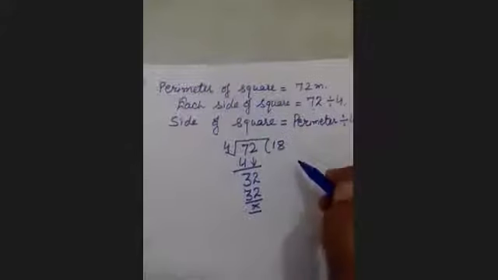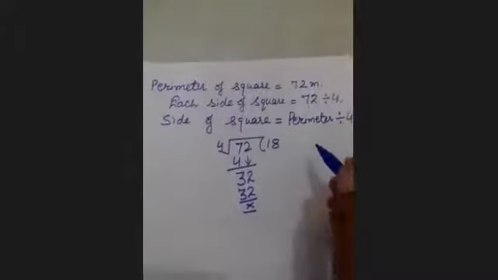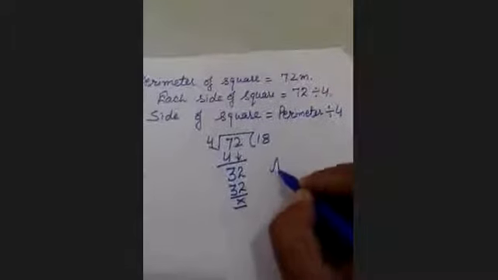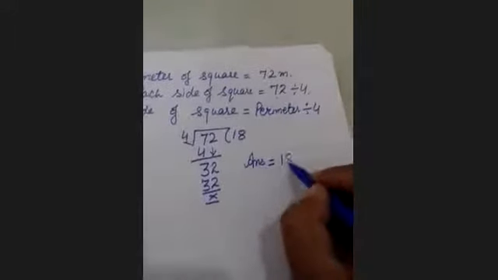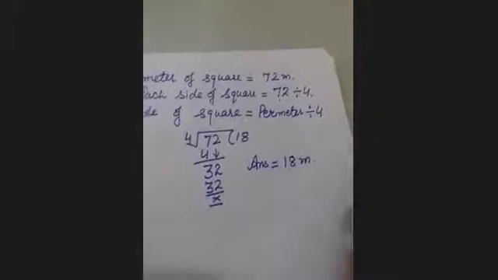So each side of this square is 18 meter.